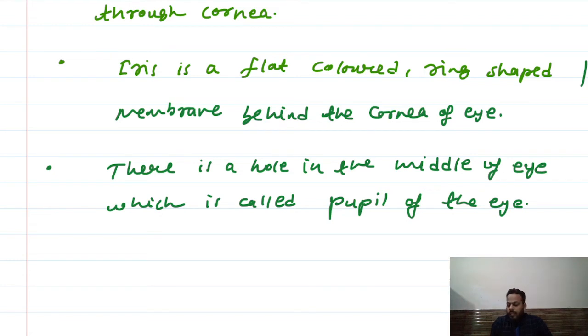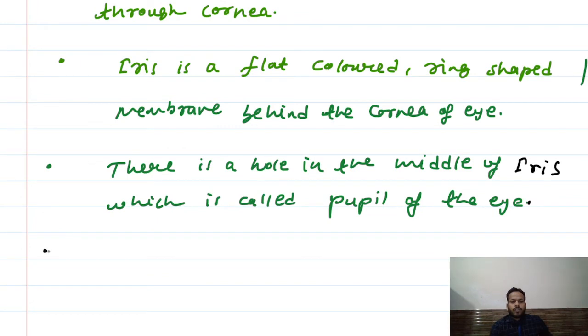In place of eye, it is better you write iris. So this pupil is a hole in the middle of the iris. That is clear with this point.